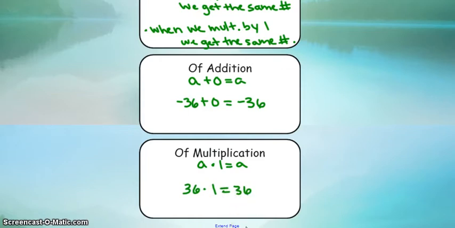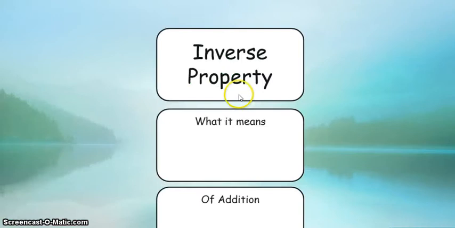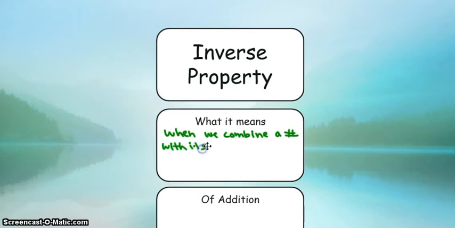Done. Alright, our next one is the inverse property. And what it means is when we combine a number with its inverse, we get the identity.